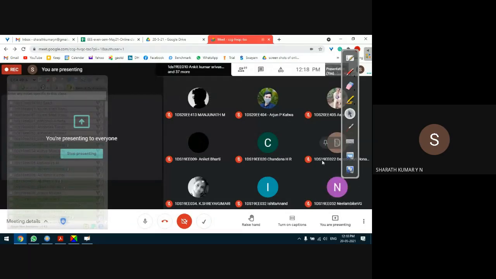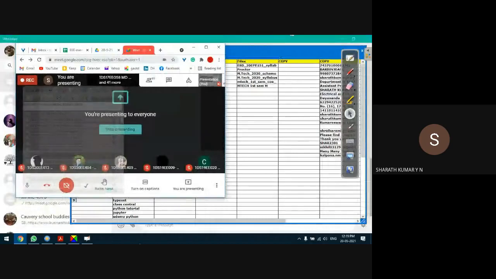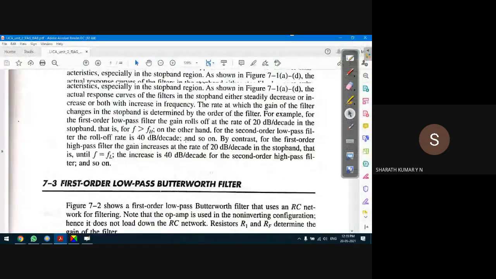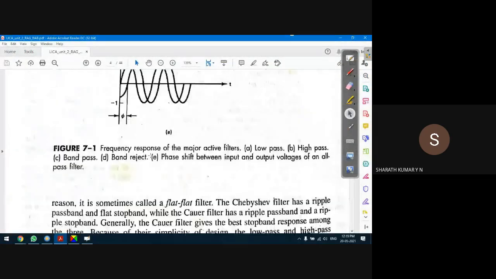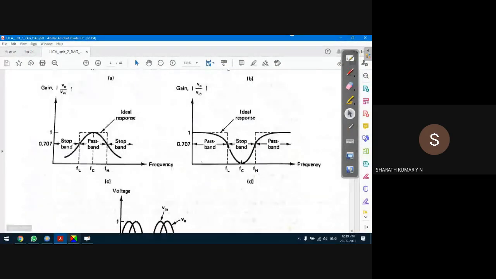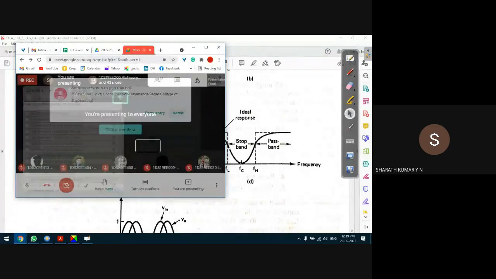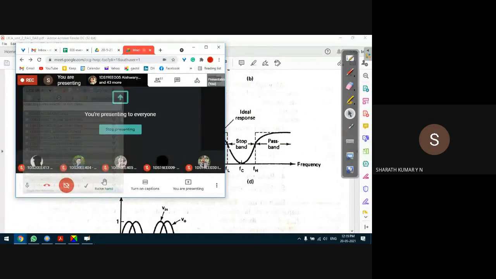Okay, here we go. Okay, so last class we discussed different types of filter up to here, like all pass filter, band pass filter. We had so many types of filters.